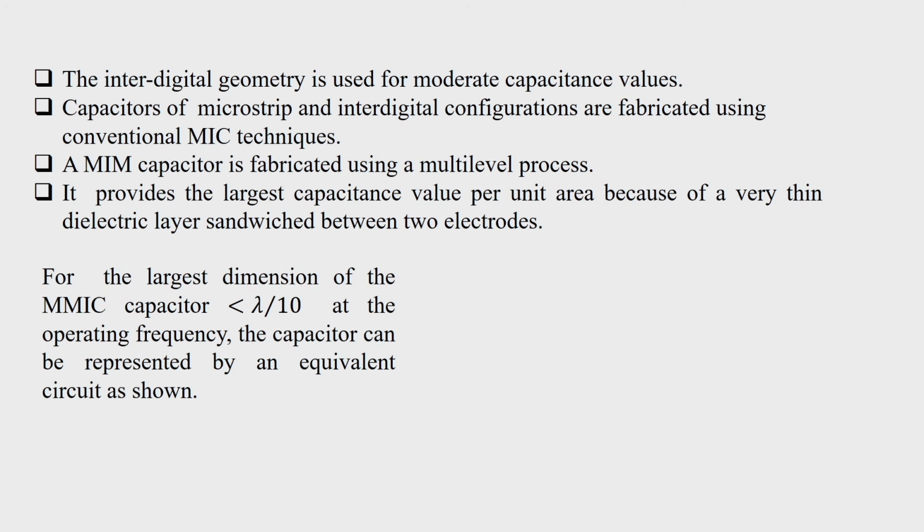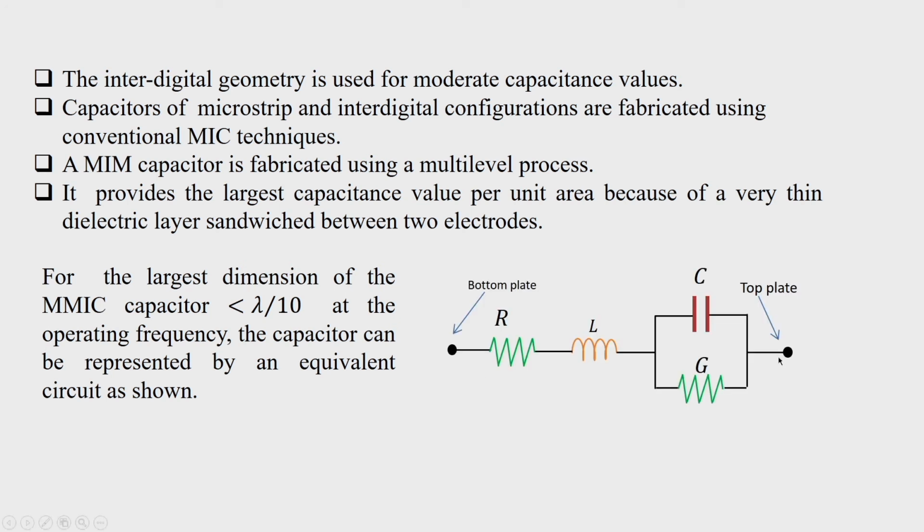For the largest dimension of the MMIC capacitor being less than lambda by 10 at the operating frequency, the capacitor can be represented by an equivalent circuit which is shown. Now, this is the capacitor with its parasitic elements between the top and bottom plates, and these values can be calculated.